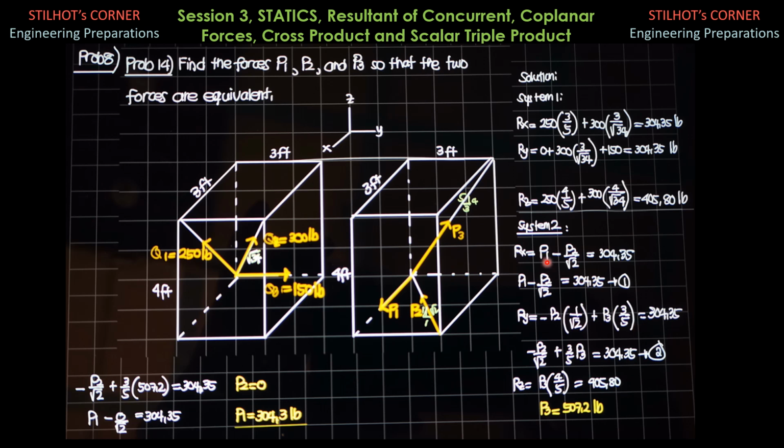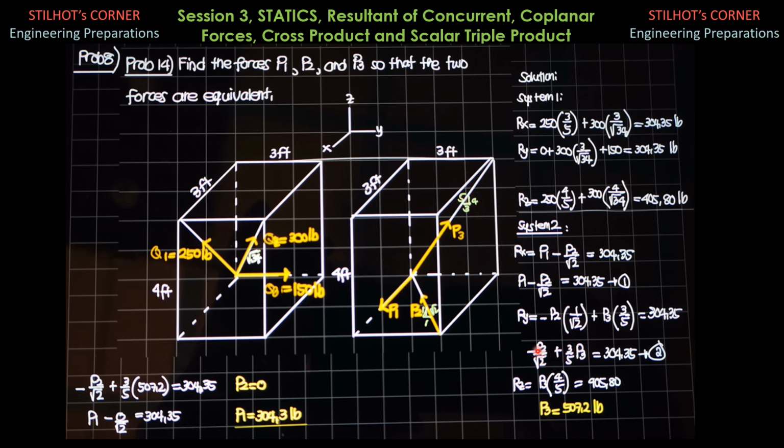Then Ry is summation of forces along y. Y is to the right. P1 has no y component. P2 has negative y component. So Ry equals negative P2 times y component of distance 1 divided by distance square root of 2. P3 has positive y component. It is directed up and to the right. So plus P3, y component of distance is 3 divided by distance 5.